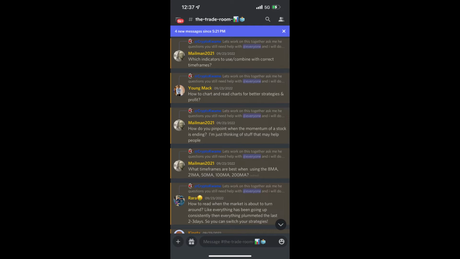How to read when the market is about to turn around. That's a lot of news, just like when Jerome Powell speaks, or if you see an Elon Musk tweet or something like that. Whenever there's a government speech about the CPI data, wages, gas, war, all these things that are happening in the world, it affects the market.